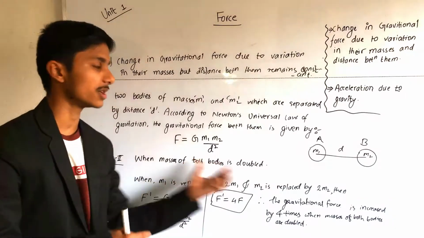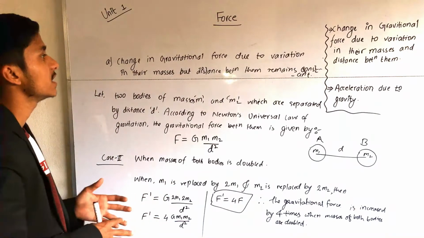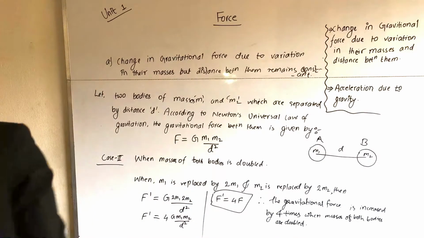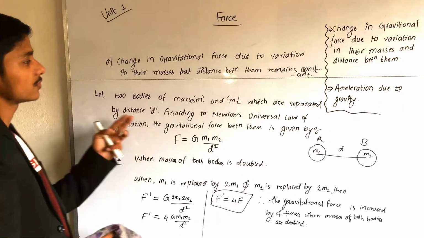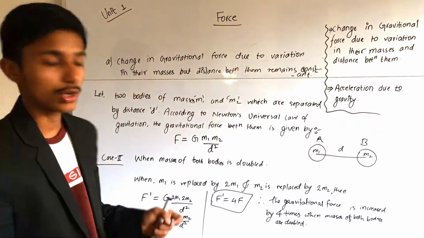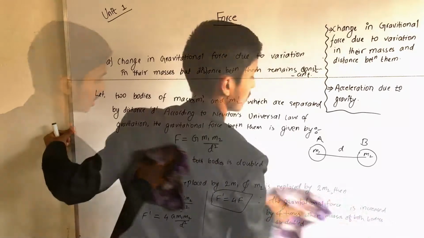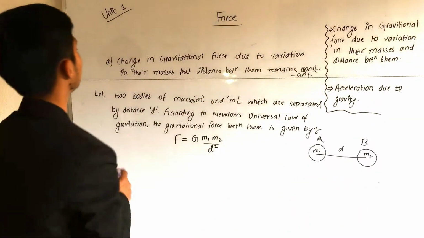Here distance remains constant. And the next topic is the change in the gravitational force due to the variation in distance, but here mass remains constant.